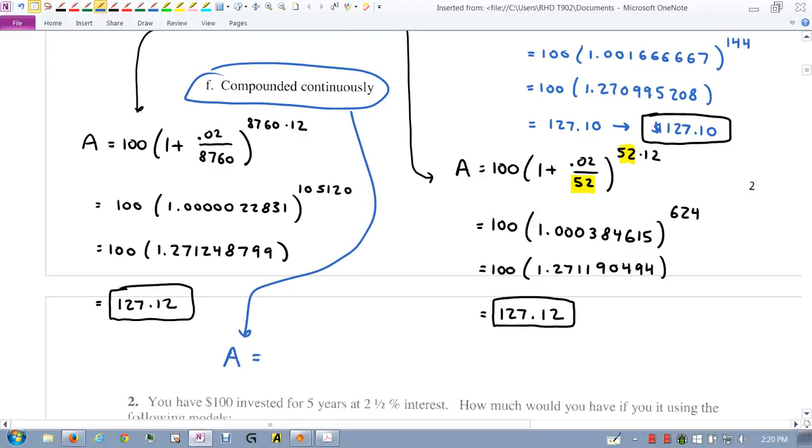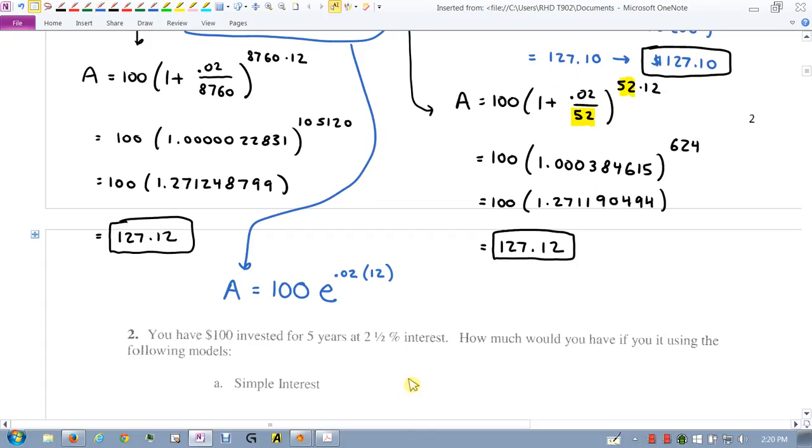Okay, so the formula says I do P, which is 100, e to the, what's R? 0.02 times T, which is 12. See, again, there's no N in this at all.